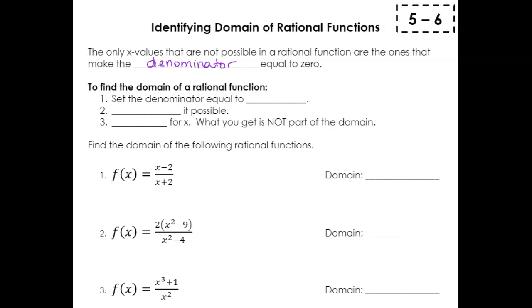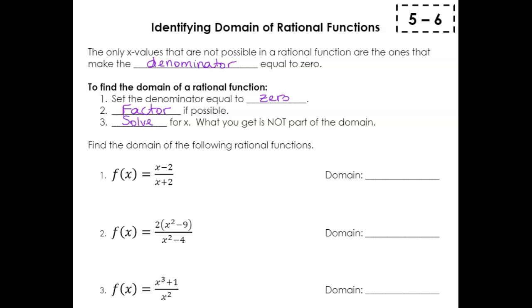So to find the domain of a rational function, you want to set the denominator equal to 0, factor if possible, and solve for x. Pretty much what we did in the last set of notes, just at the end of our solving process. Whatever you get is not part of the domain, because that's what would make the denominator 0.